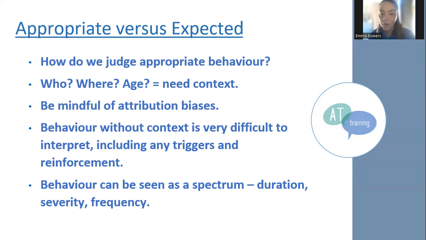So we need to have the behaviour as a whole and the person as a whole to understand exactly what's going on. And behaviours are really seen on a spectrum. So the duration of a behaviour, the severity of the behaviour, and the frequency of that behaviour will define that spectrum of challenging behaviour. I don't think I worded that very well, but hopefully that makes sense.